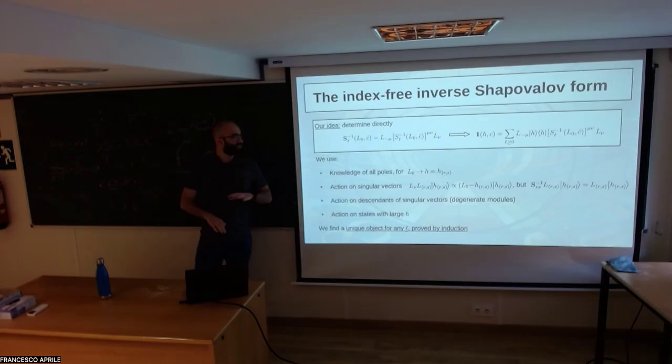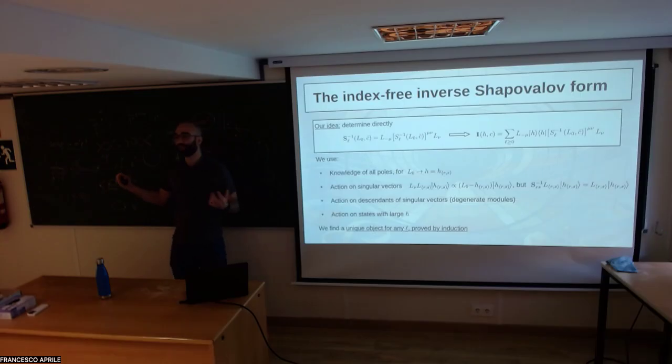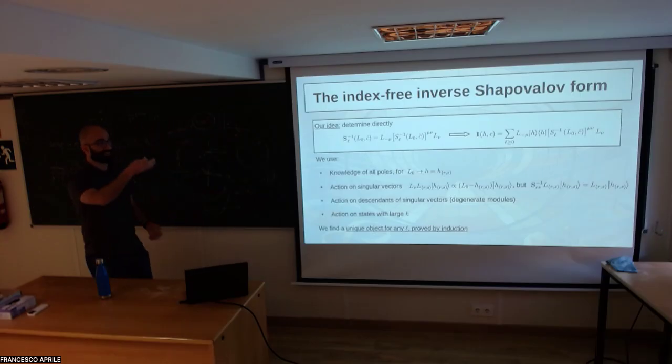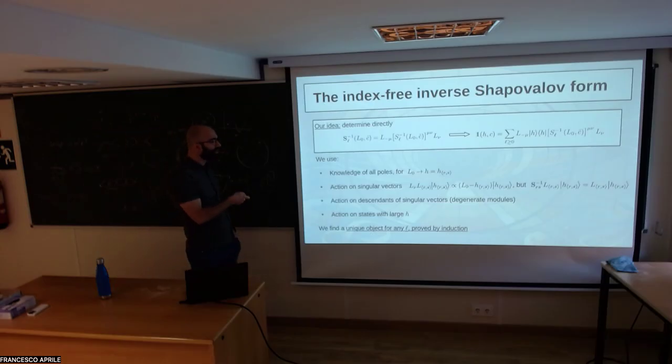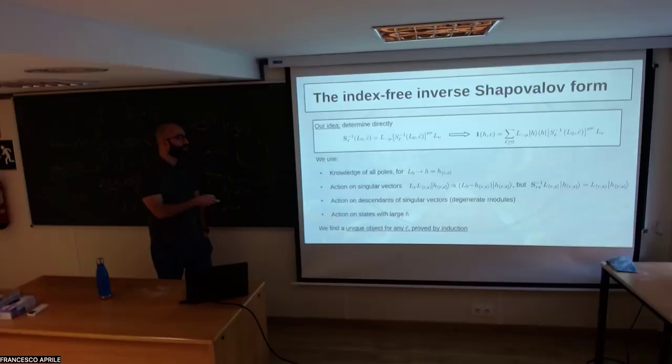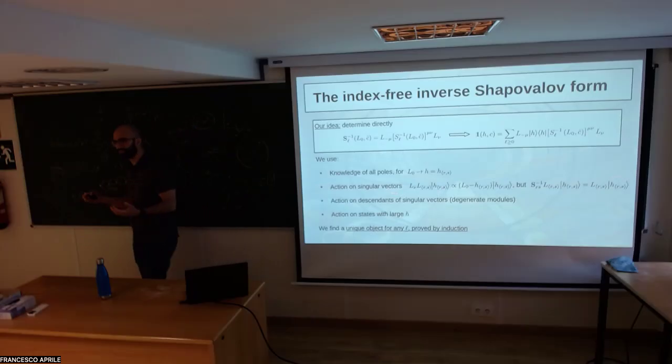Great. So this is just one object that satisfies some nice properties because it has to act as a resolution of the identity. It is also the inverse of that Shapovalov form, whose determinant goes to zero at special values. So we know it must have some poles, we know these poles have to be simple, and we know how it should act on a bunch of states.